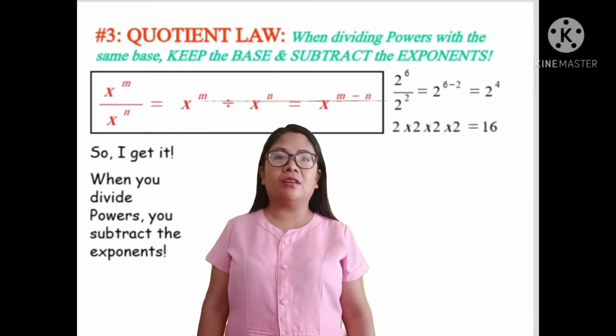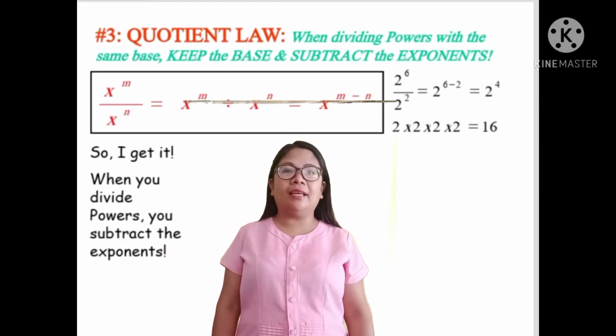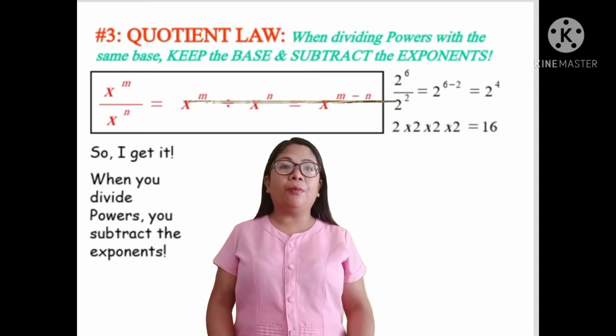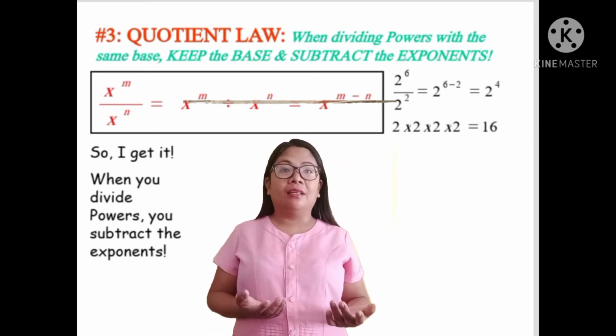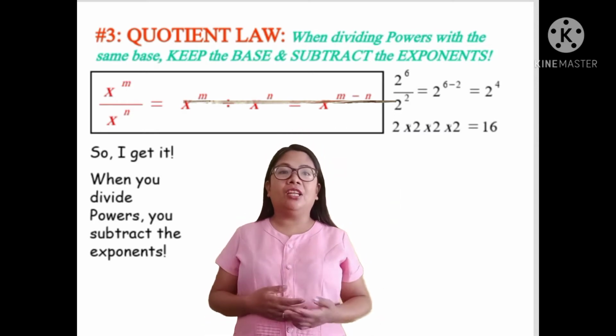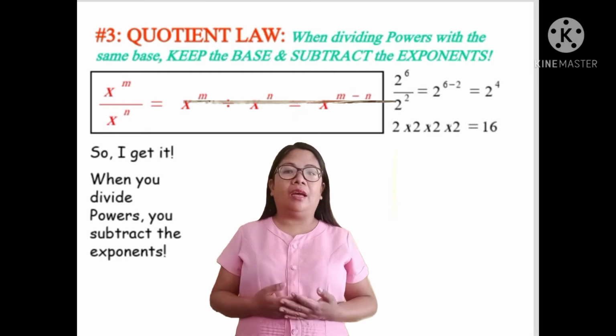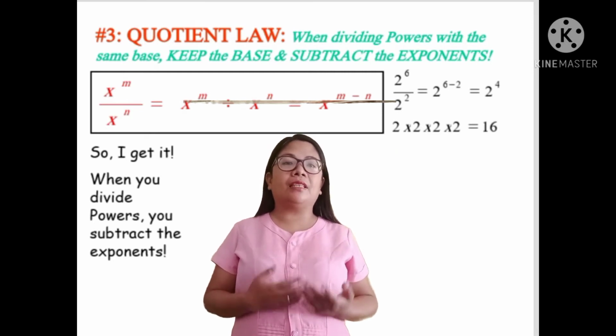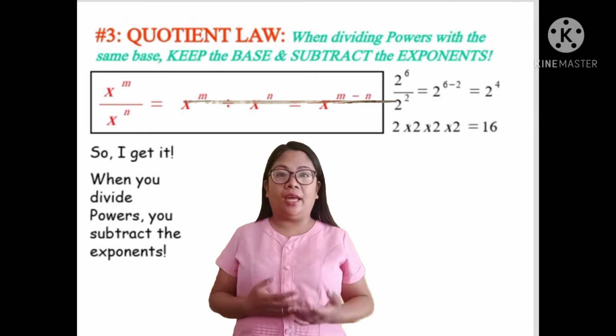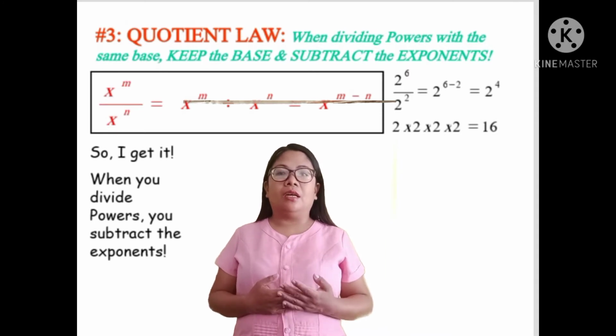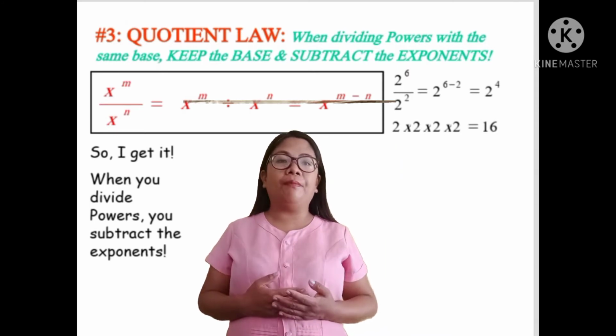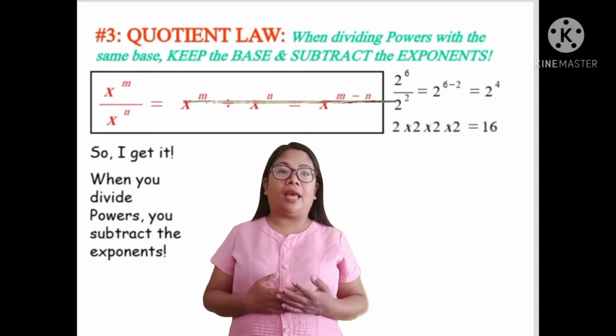Third law is the quotient law. When dividing with the same base, keep the base and subtract the exponents. By the illustration, x raised to m divided by x raised to n is equal to x raised to m minus n.